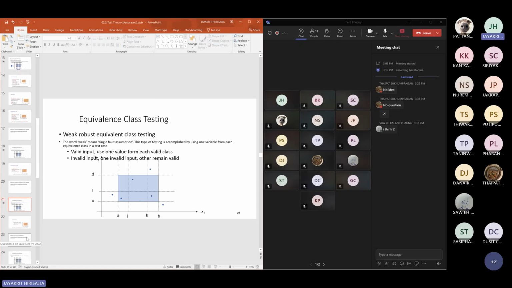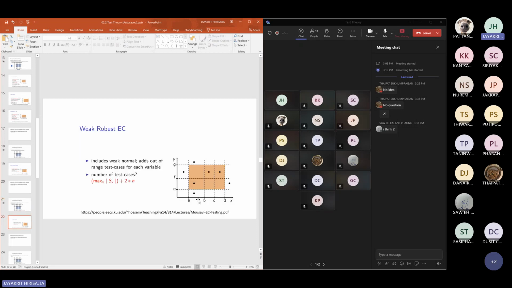And we have weak robust. Weak robust is where we test the proper input and we also try to find out what happens if we input something which is not in the expected range. This is to test the overall possible area. And we also have weak like this.